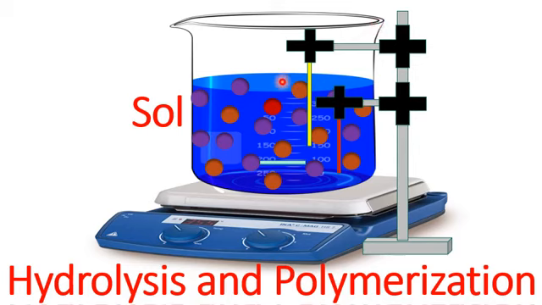So please note that the variation of the pH value of the solution affects the size of the particle or the size of the sol. So an acidic or basic medium of the solution affects the size of the nanoparticle.